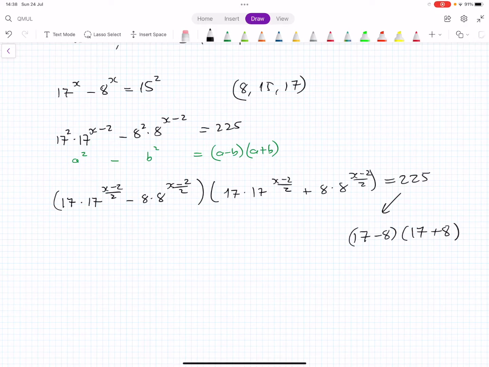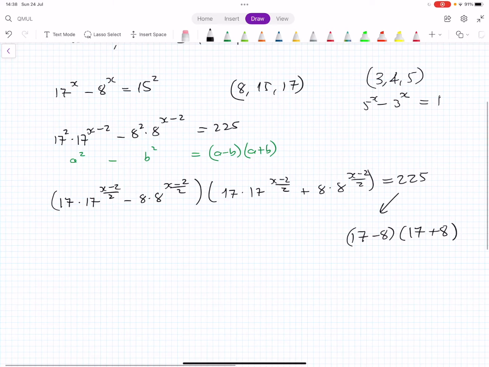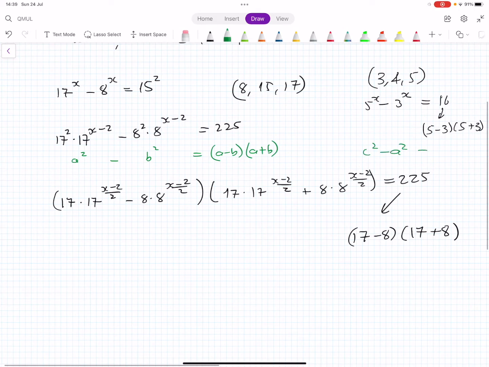This will always work for any Pythagorean triple. So if you're looking at a 3, 4, 5 triangle, and you have 5 to the x minus 3 to the x is equal to 16, which is equal to 4 squared, you can always write 16 as 5 minus 3 times 5 plus 3, from the fact that c squared minus a squared is equal to b squared.